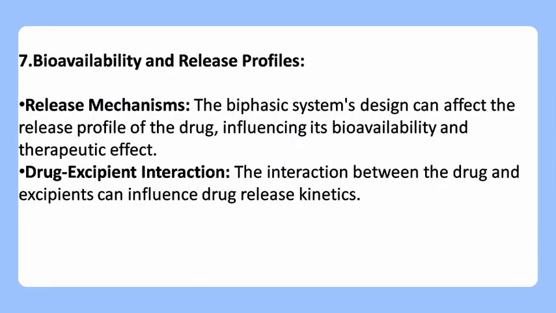Seventh, bioavailability and release profiles. Under this, A. Release mechanisms. The biphasic system's design can affect the release profile of the drug, influencing its bioavailability and therapeutic effect. B. Drug excipient interaction. The interaction between the drug and excipients can influence drug release kinetics.